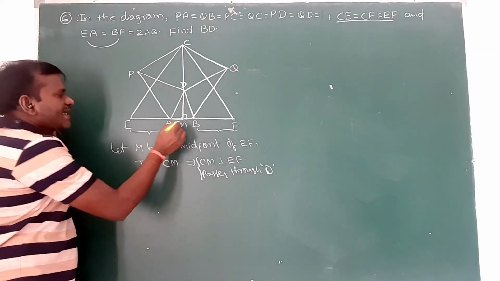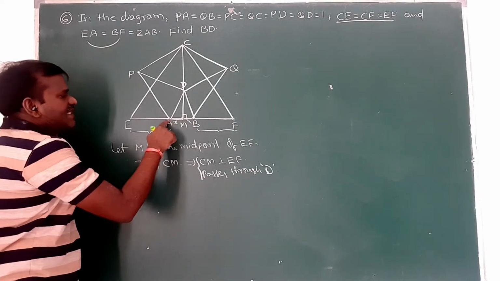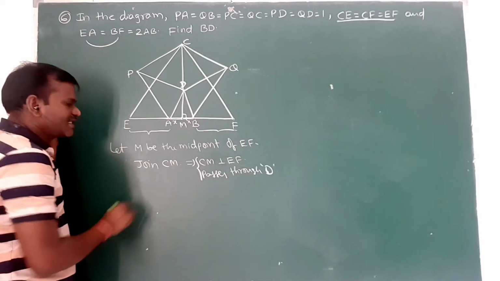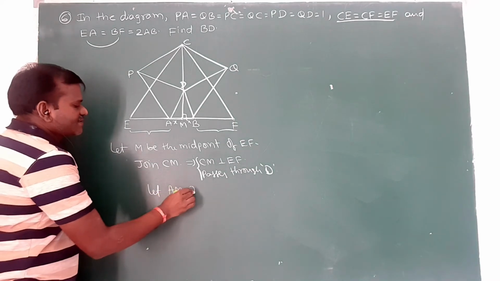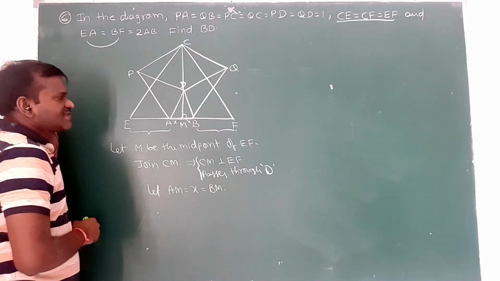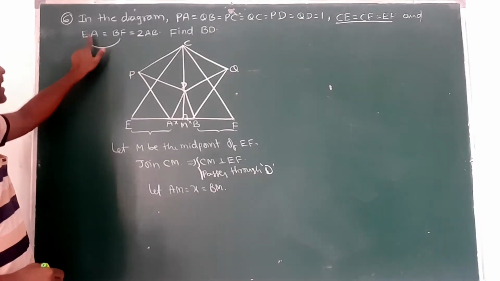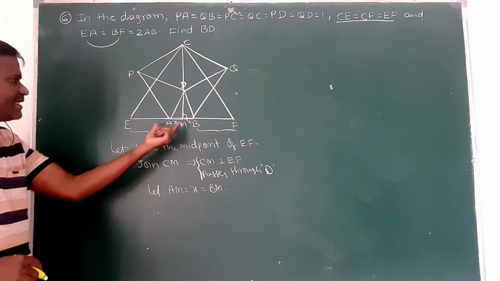So I am taking this AM length equal to x and MB equal to x. These two lengths are equal here. So let AM equal x, that is equal to BM. Then it is already given that EA and BF are two times AB.